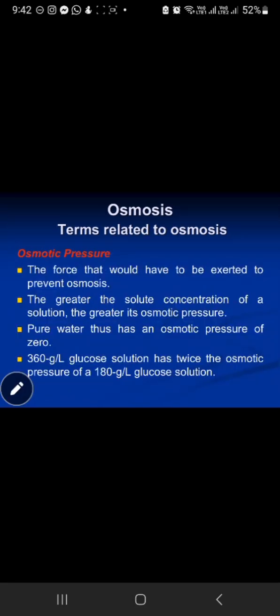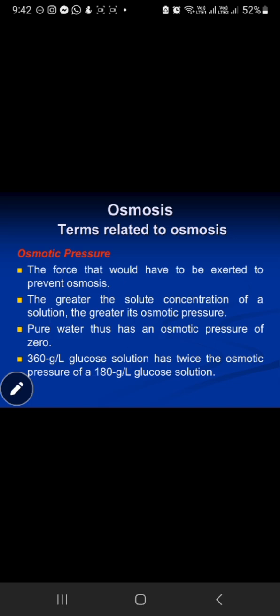Okay. There is something called osmotic pressure. Osmotic pressure can be the alternative to the concentration gradient in the case of diffusion. Osmotic pressure is the force that would have to be exerted to prevent osmosis, and the greater the solute concentration, the greater the osmotic pressure.